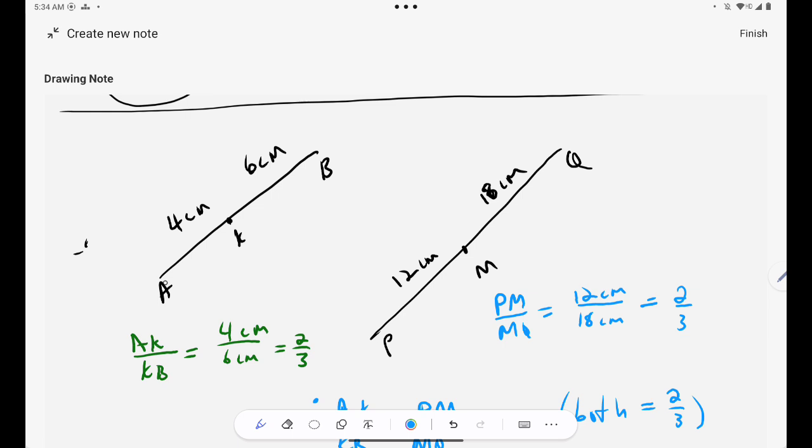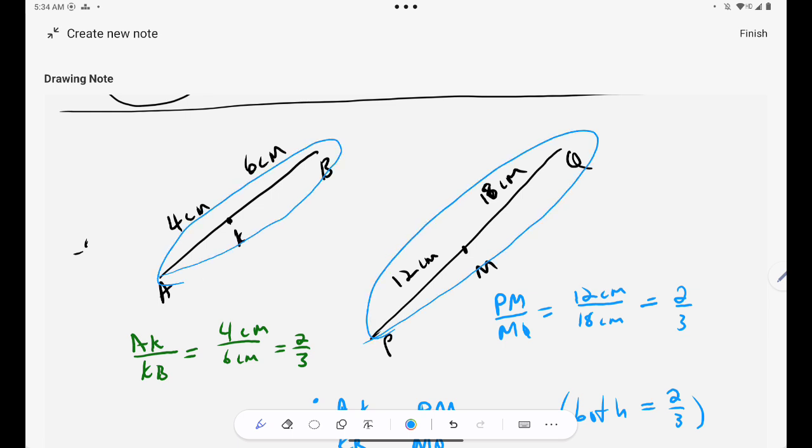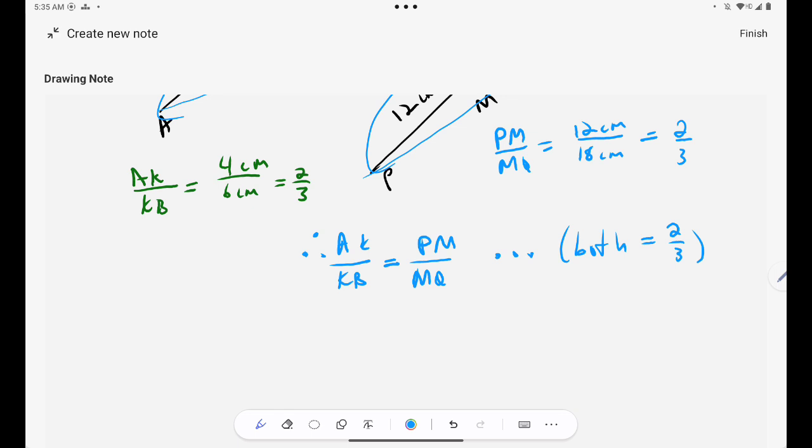If two lines have the same ratios, it simply means those lines are in the same proportion, or we can say they are proportional to one another. So if these two lines have the same ratios, then we can conclude that these two lines are in the same proportion. Are we together? Okay.